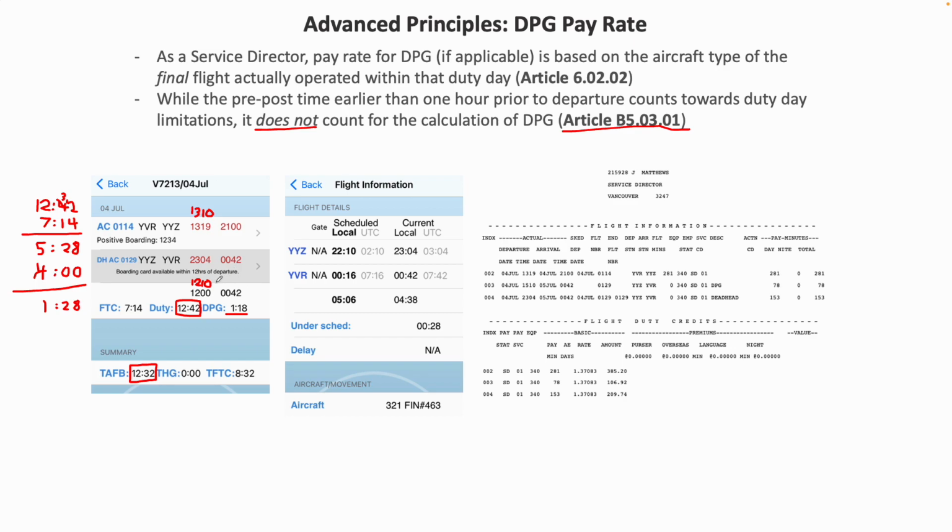So if you take 12:10 and go all the way to 12:42 a.m., that is a total of 12 hours and 32 minutes, and that is reflected in the time away from base portion of the summary within Globe, and it would be based on 12:32 that you would make the duty day minus 4 top-up calculation.